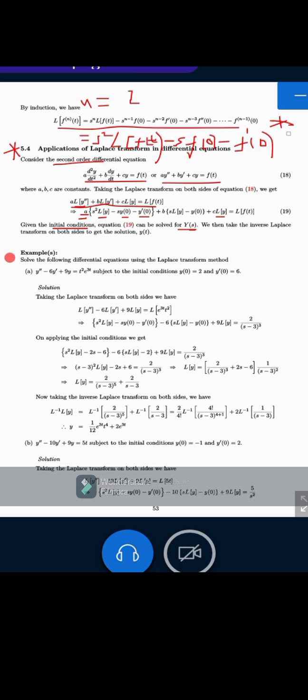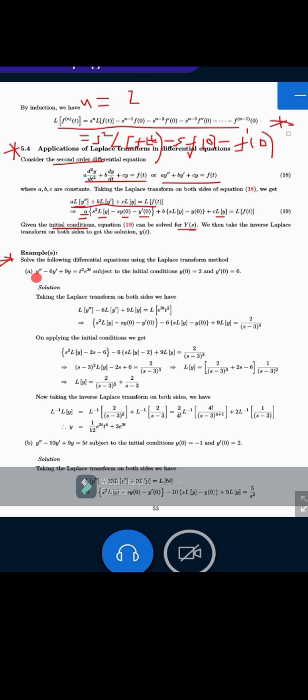So let us look at an example so that we can understand better what we mean. An example will help us in getting a better understanding. We have been told to solve the following differential equation using the Laplace transform method.